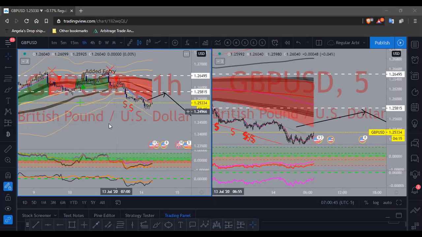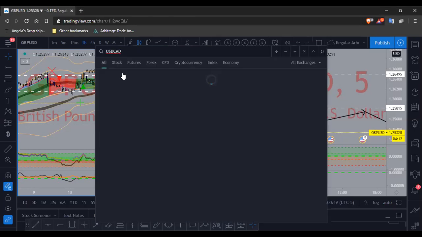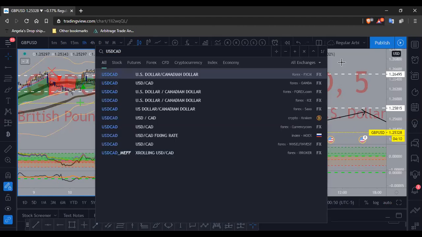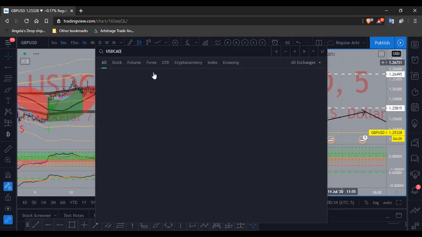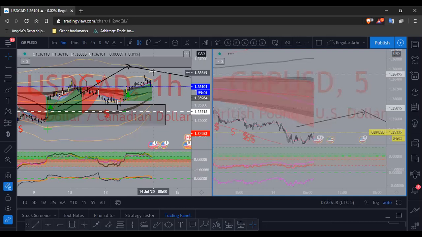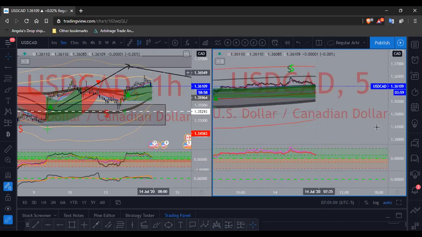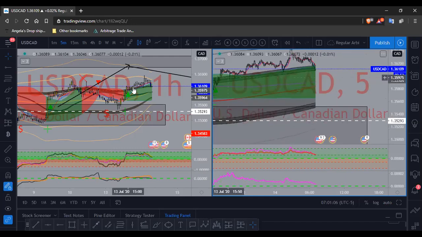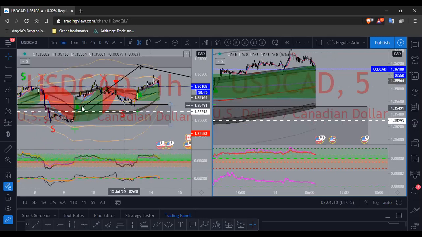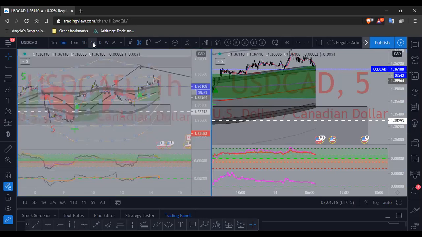Let's go to USDCAD. Okay, so UCAD. Yesterday we did see some good bullish movement on UCAD, but I don't want to necessarily get in yet for a buy.